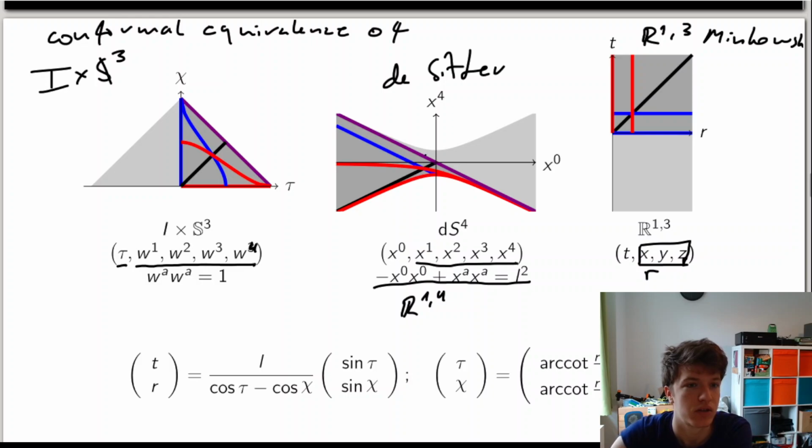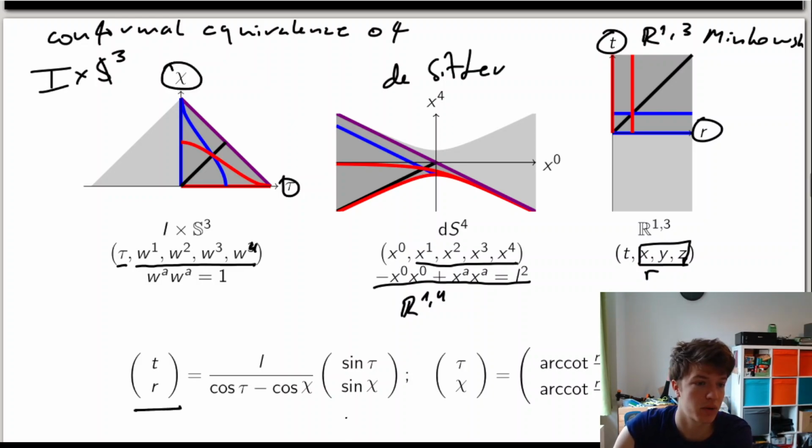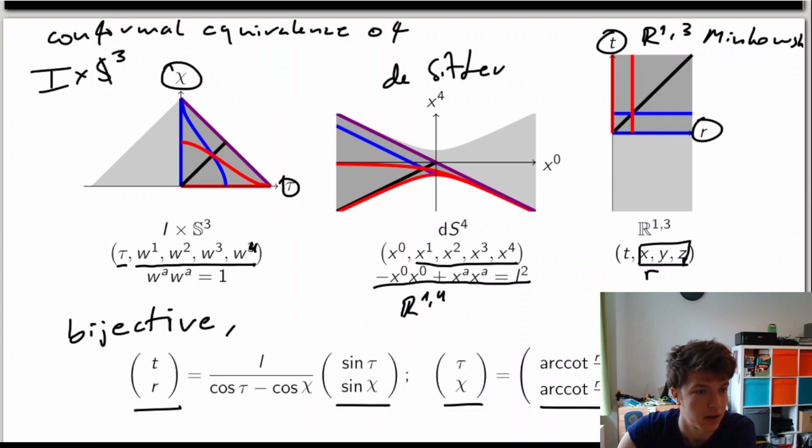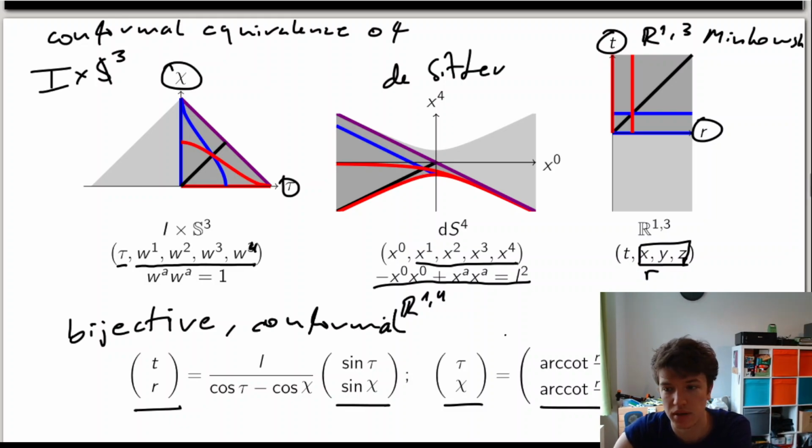So we can just look at t and r, and in this case here psi and tau, and then we finally get a relation between those two sets of coordinates, and one can show that it's bijective because we can write down the two maps, and it's conformal, which one can calculate explicitly.